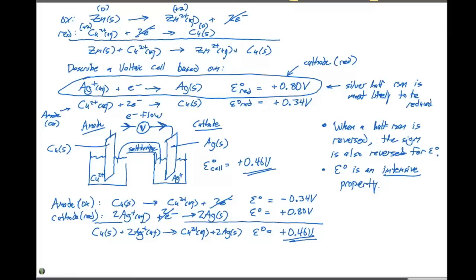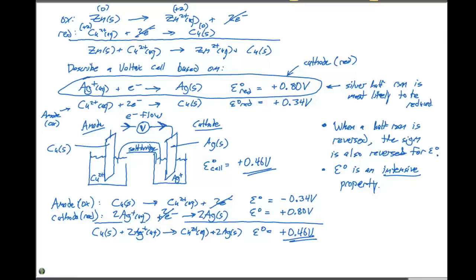When we set these things up, I didn't emphasize this much yet, but we certainly will do so from here on forward. If you have a galvanic/voltaic cell, it must occur spontaneously. And depending on the way we look at this, in this case, why does the copper have to be the anode and the silver have to be the cathode?